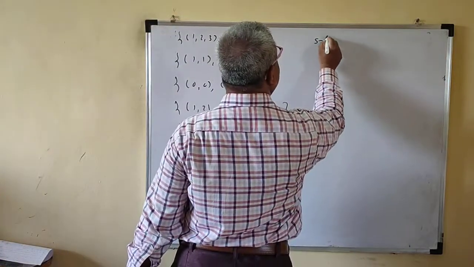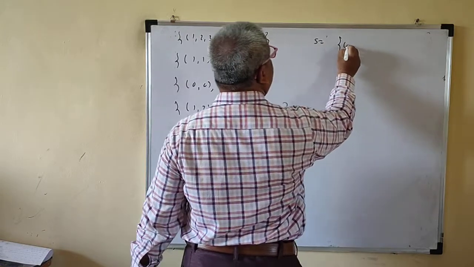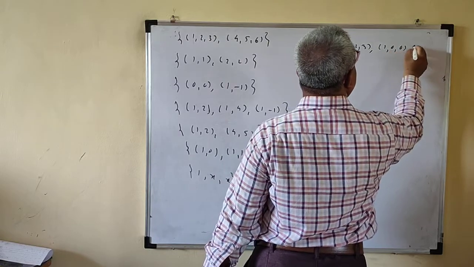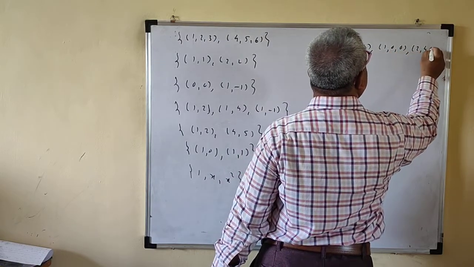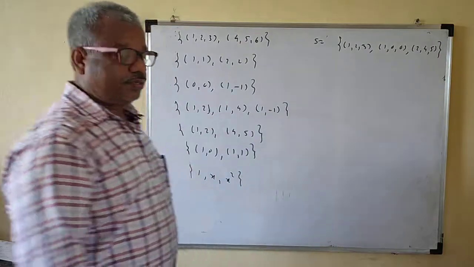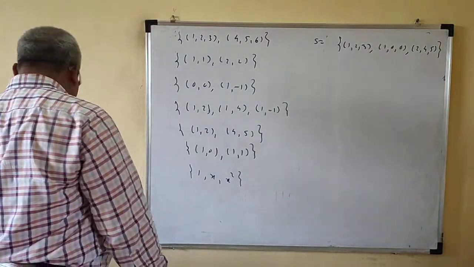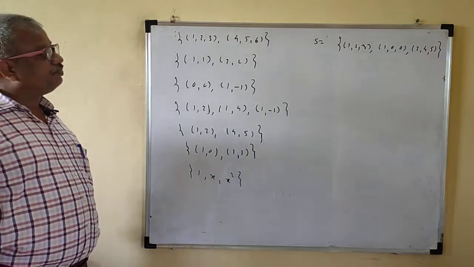Suppose this is S, equal to (1, 2, 3), (1, 0, 0), (2, 4, 5), suppose. Which one is the basis, that we will see.